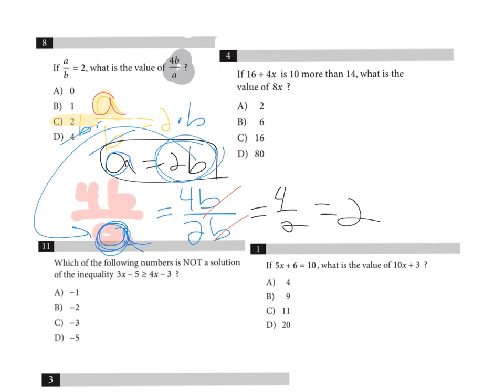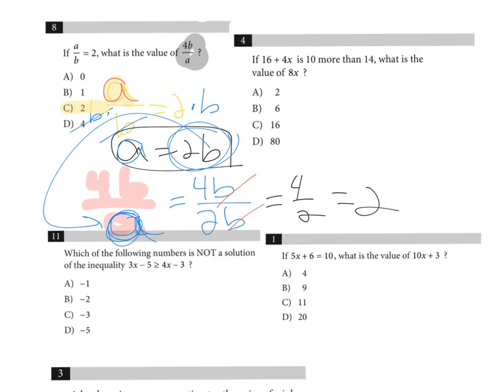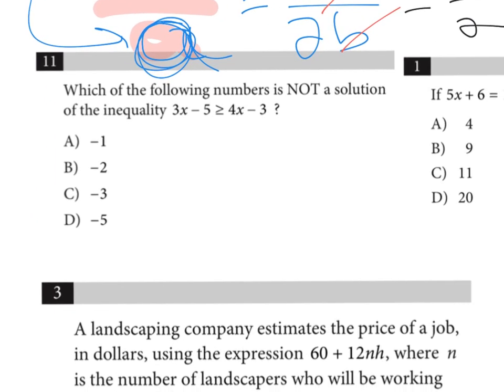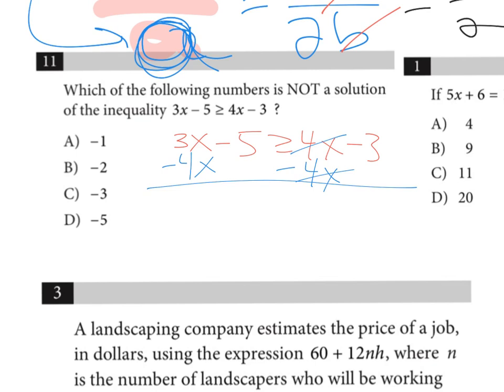Number 11, which of the following numbers is not a solution of this inequality? So what I'm going to do is solve this inequality, and basically you solve inequalities the same way you solve equations, but you want to bring the x's over to the left so it's easier to read. So here I'm going to subtract 4x on both sides.